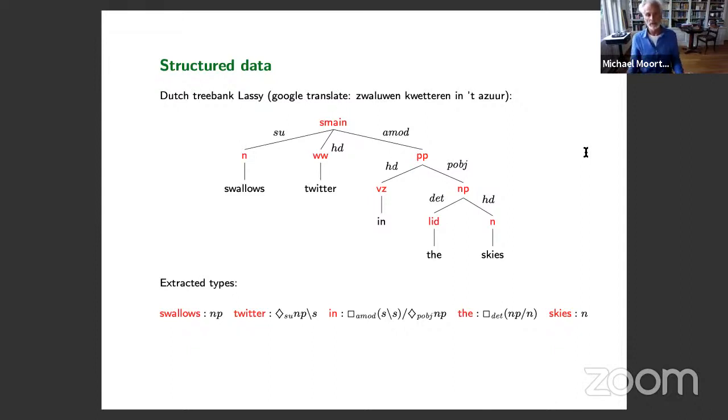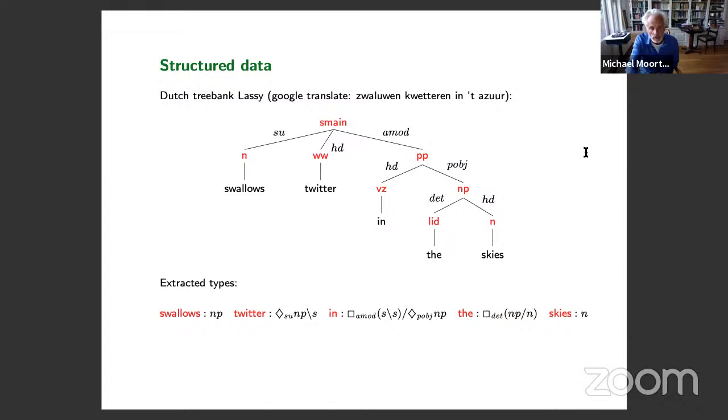And the links, the arcs, are decorated with dependency labels. So swallows twitter in the skies, with thanks to John Keats here, would be the translation of some Dutch example, where swallows is the subject, twitter is the head of the whole main clause, and then there is an adverbial modifier, etc. So if you do the type extraction that we were just discussing, then you get the types at the bottom of the slide here.